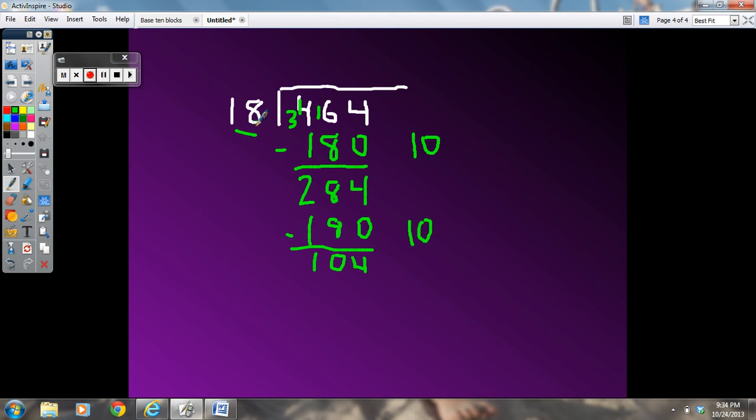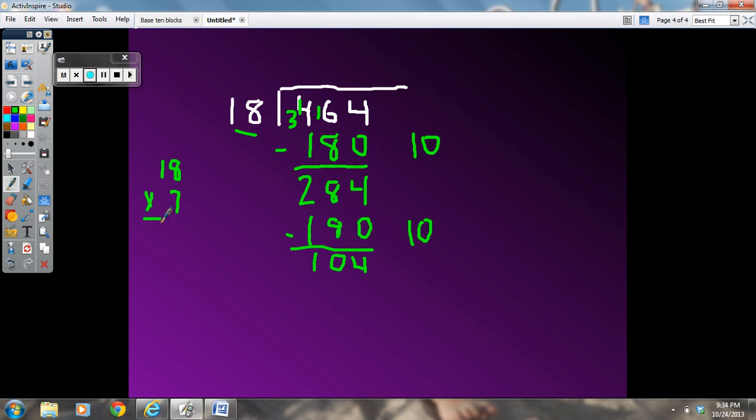I could see that I am not able to create another 10 groups of 18 because I only have 104 ones blocks. So what I'm going to do is take a number that's obviously less than 10 to figure out how many groups I could possibly make. So I see 104 is somewhat close to 180. So I'm going to take a number like, let's say, 7.